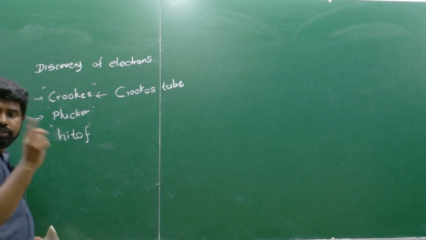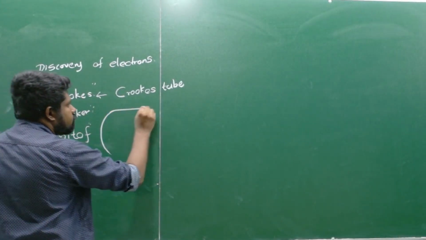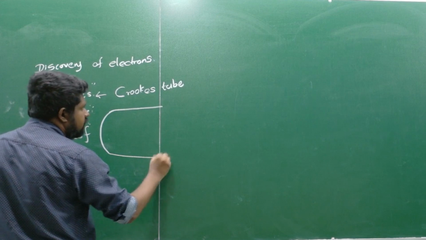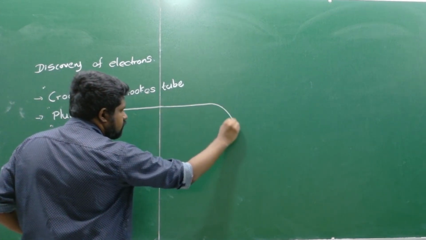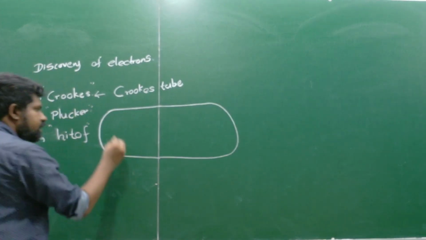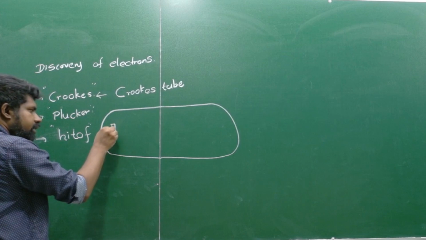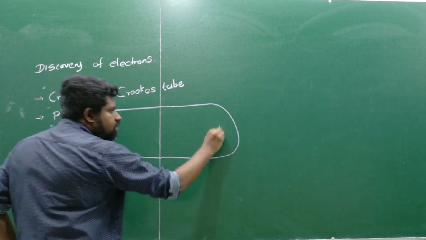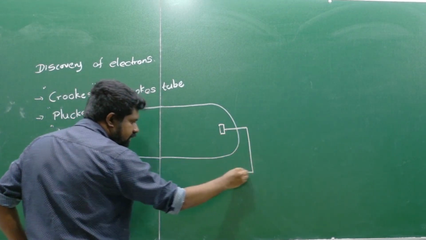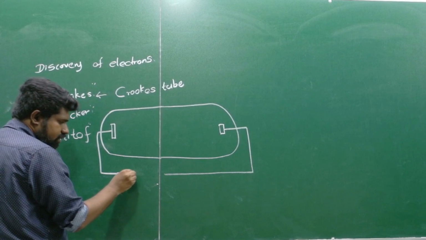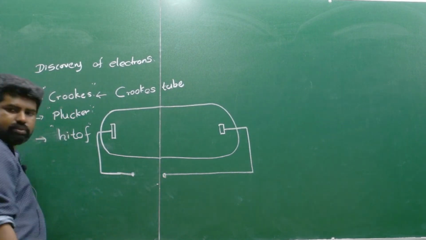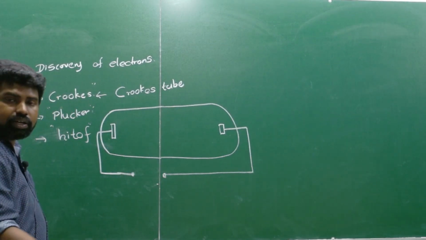This tube is cylindrical shaped, like this. And there are two electrodes connected to an external voltage supply, maybe a high voltage supply.